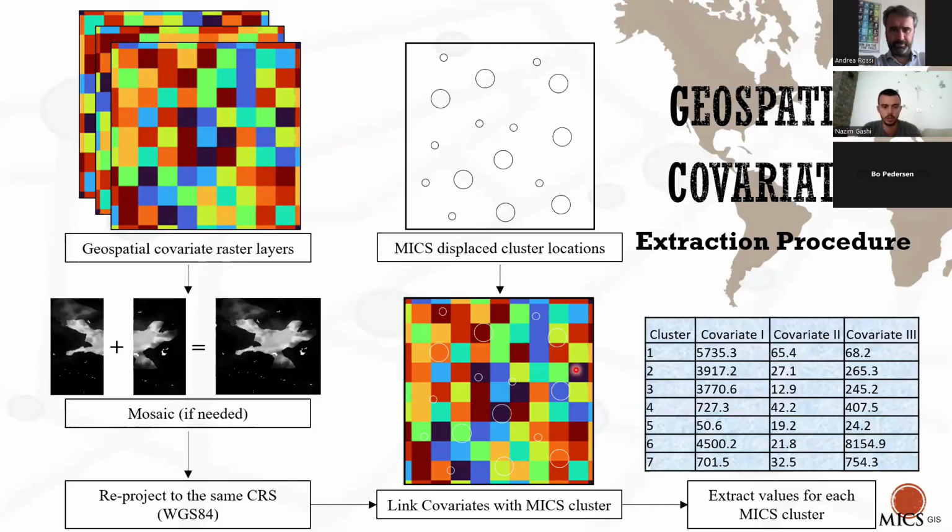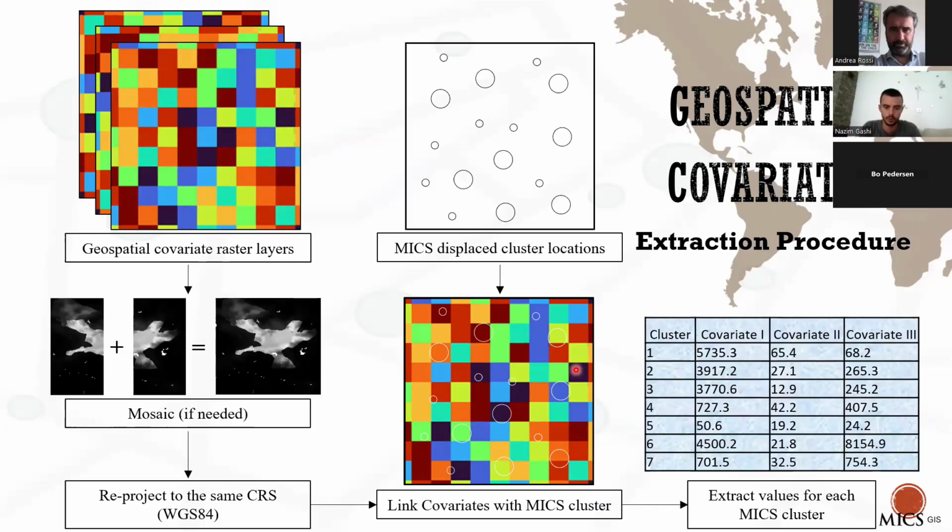The work that we have done internally includes packaging this data. For example, sometimes we needed to merge regional layers into a global layer, and some layers we needed to reproject so that all of them are in the same coordinate reference system, which is the global one that we use, WGS84.